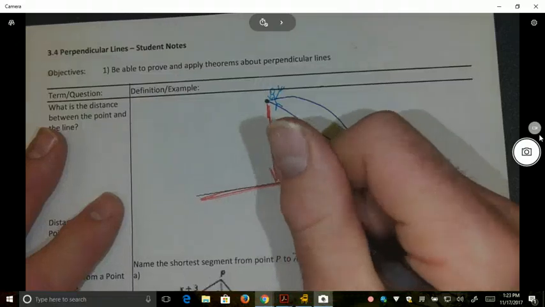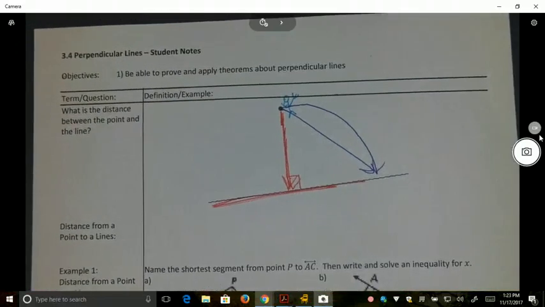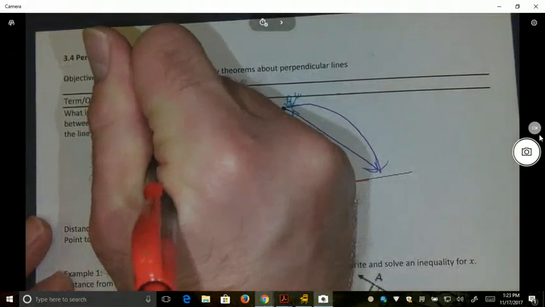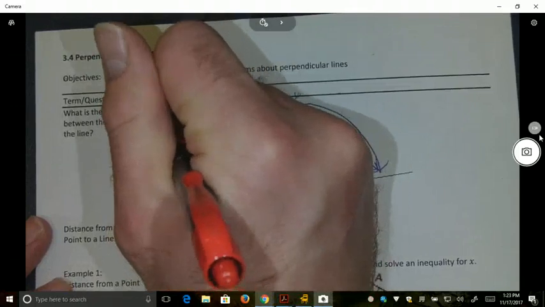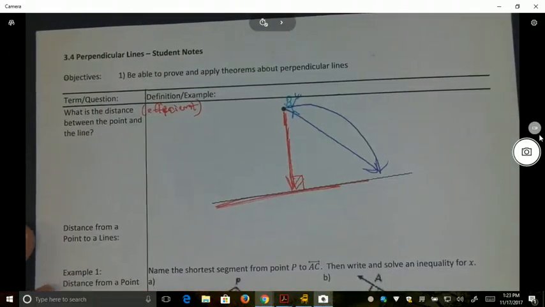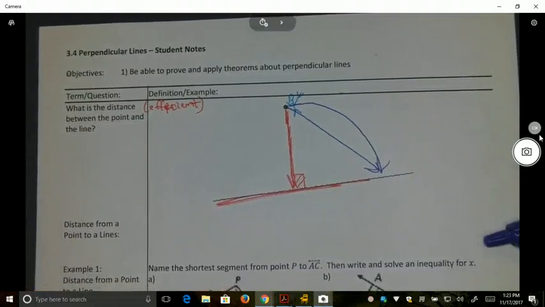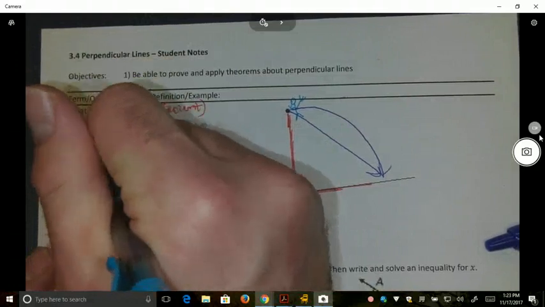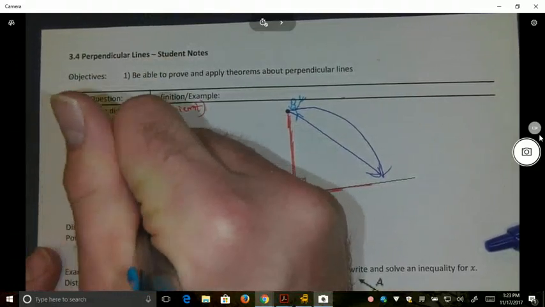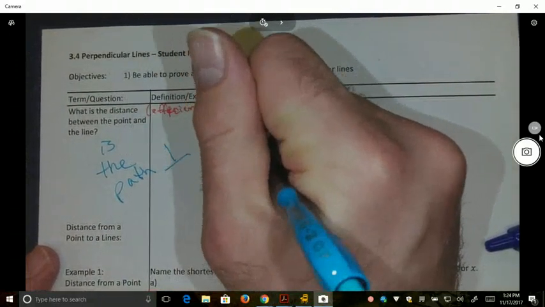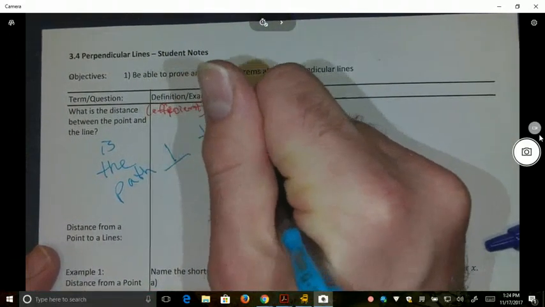They are perpendicular. So the distance between the point and a line, or the most efficient distance, that's the key part, which they're not going to tell you, is going to be the path perpendicular to that line from our point.